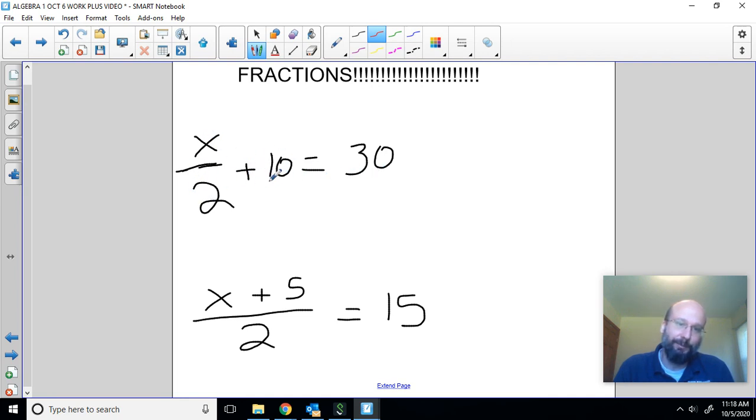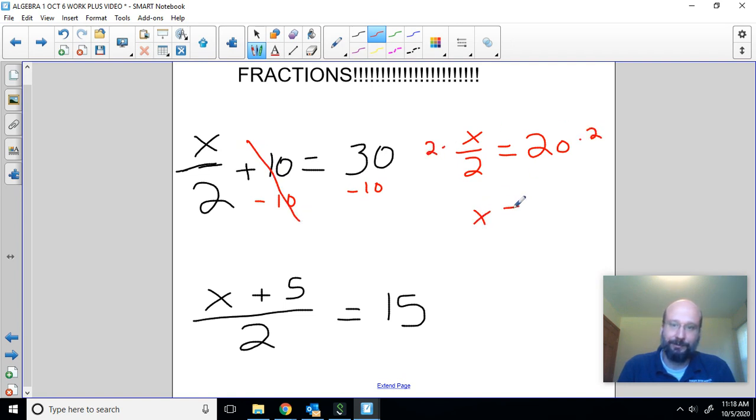So this one, we can move this plus 10 first by subtracting 10. That just gives us our fraction, x over 2 equals 20, because we're removing this part. So then we multiply by 2, and we get our answer, x equals 40.